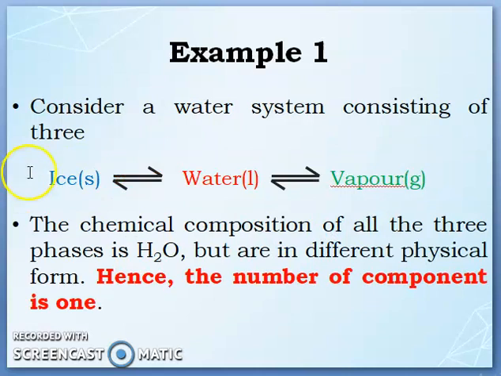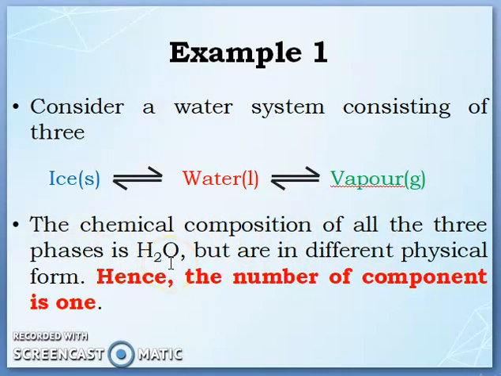Consider the water system consisting of three phases: ice, water, vapor. Water exists in three phases, namely solid, liquid, vapor, whereas the chemical composition of all the three phases is water, that is H2O.